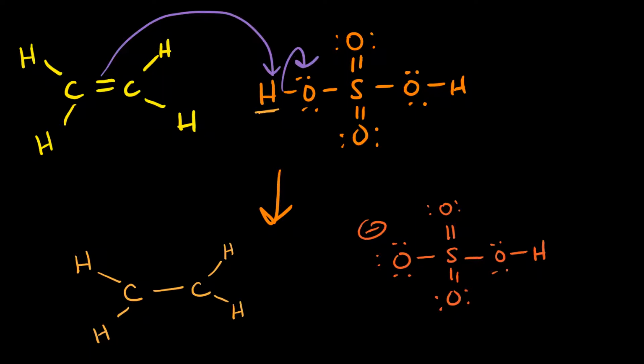And since the pi electrons were shared between the two carbons, it turns out that the proton in orange, which came from the acid, is also going to be connected to one of those carbons. So the electrons came from the carbon, so they have to stay with the carbon. On the other side, you now have a carbon with a positive charge because it lost its electrons that it was sharing there.